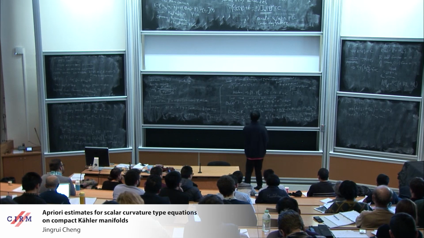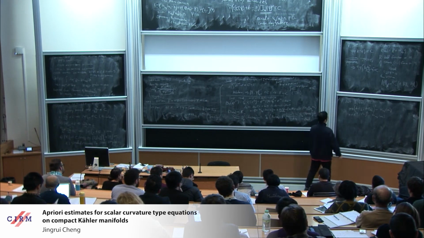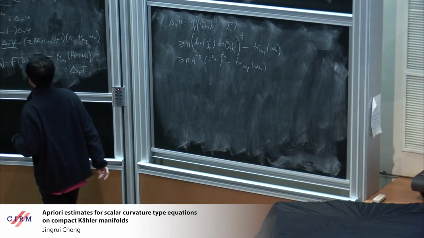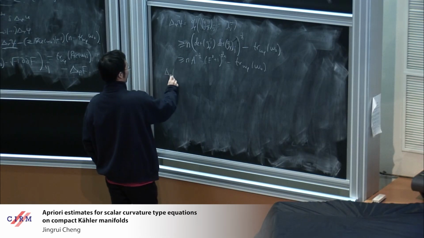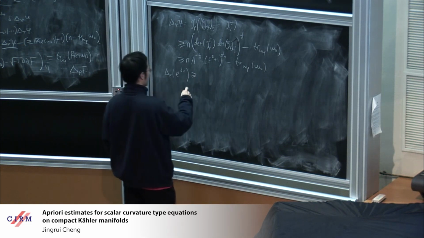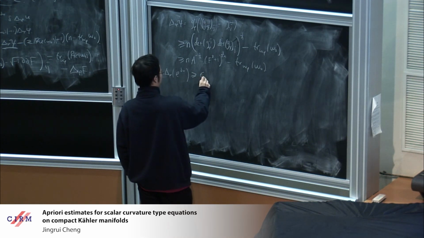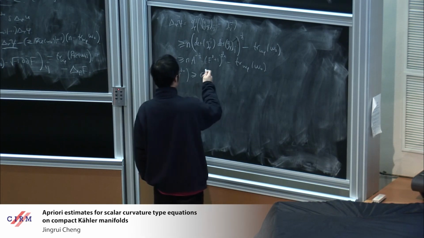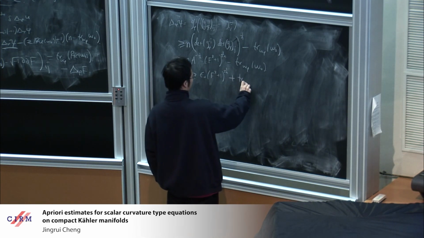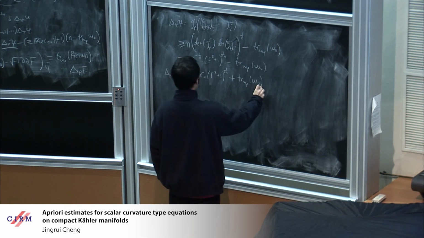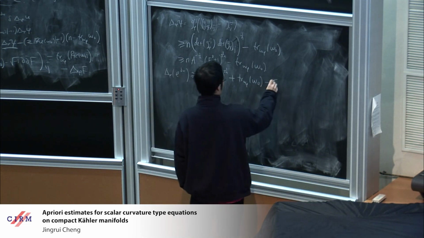So let me summarize the whole calculation. Laplace phi of e to the delta u is greater than or equal to some constant, let's say epsilon 0, times f squared plus 1 to the 1 over 2n plus trace omega phi omega 0 minus c.